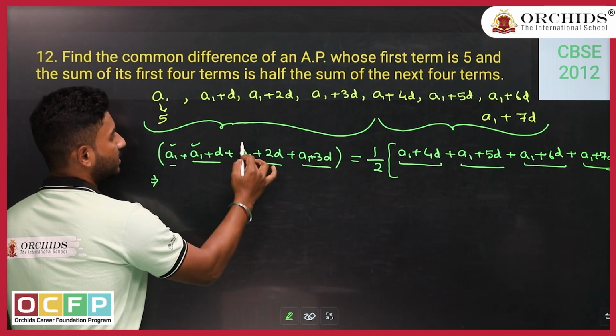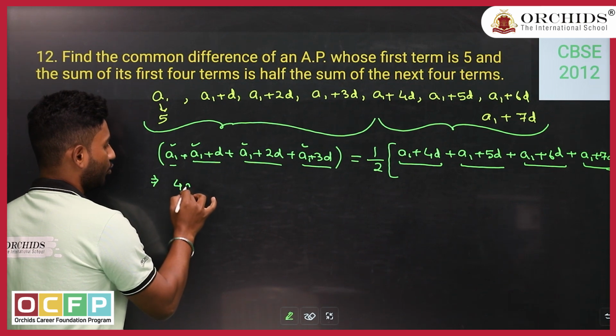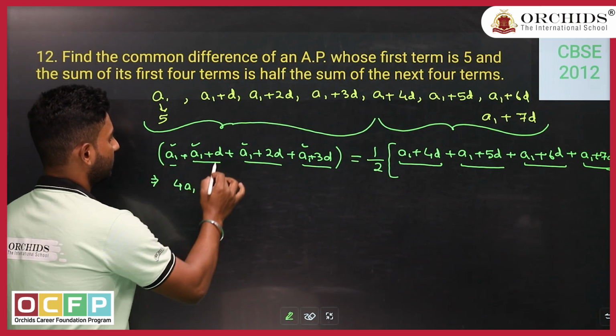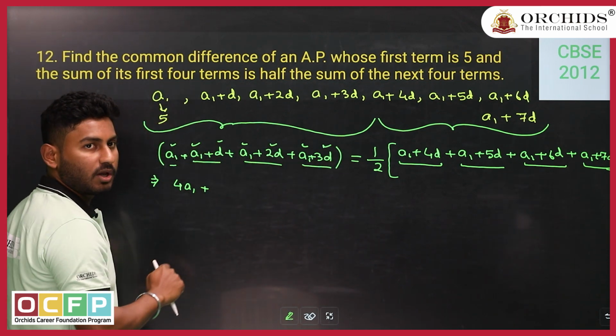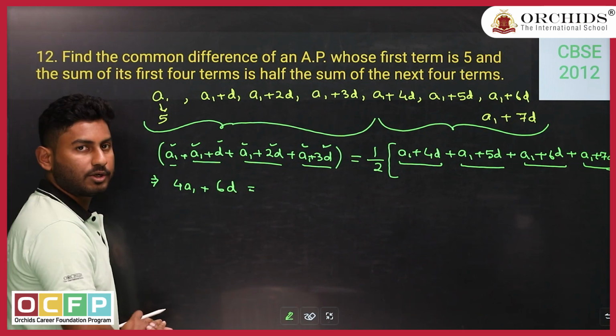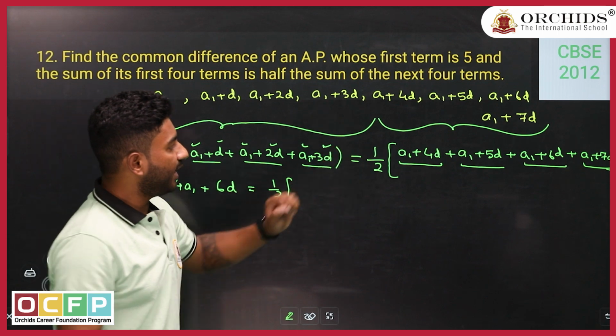A1 plus A1 plus A1 plus A1. So there are 4 A1s. So 4A1 plus how many D? D, 2D, 3D. 3 plus 2, 5, 5 plus 1, 6D, equal to half of, how many A1 are there?